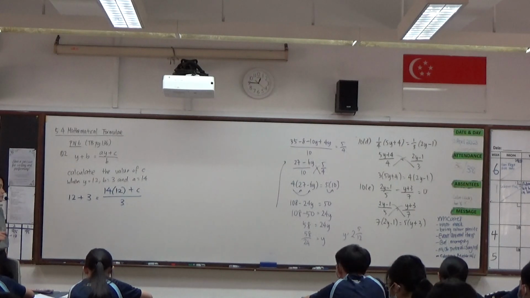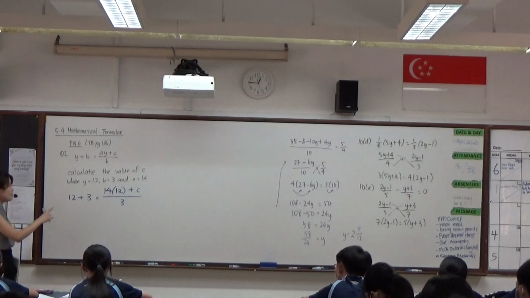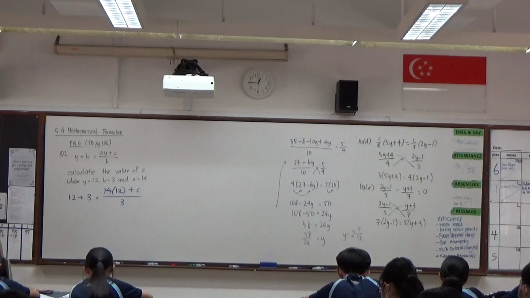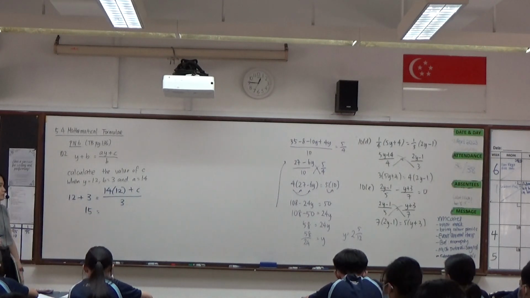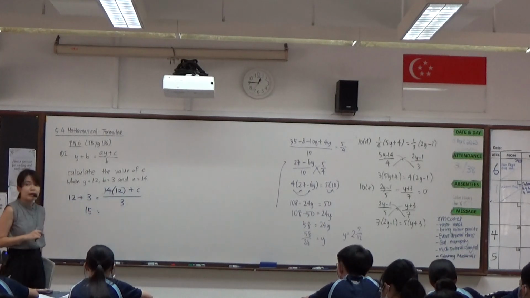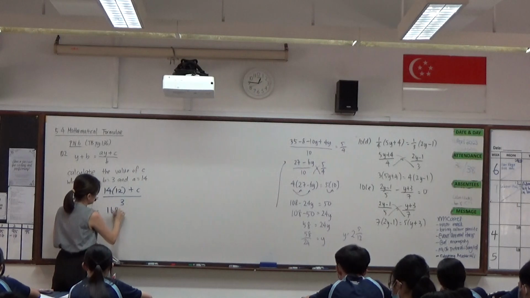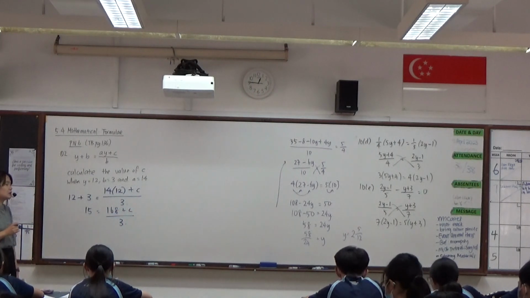Now the question wants us to find c. But the numbers here are a little bit messy, so let's organize them. 12 plus 3 we know is 15. 14 times 12, you can press your calculator, and what you get is 168 plus c over 3.